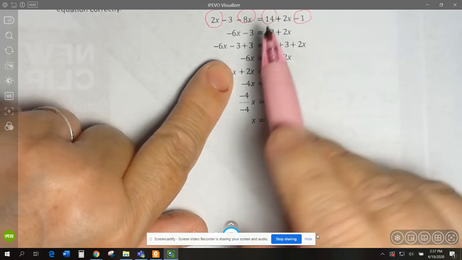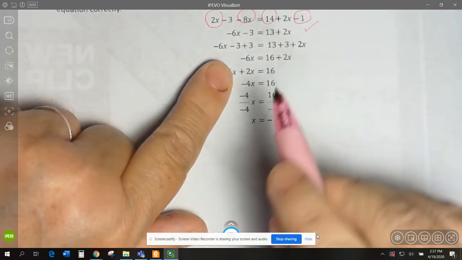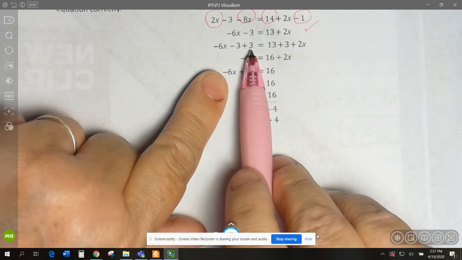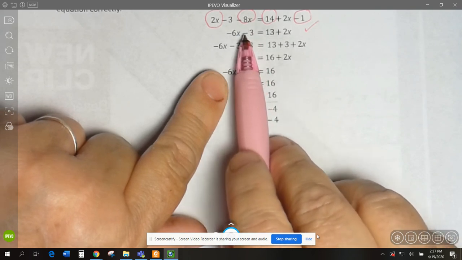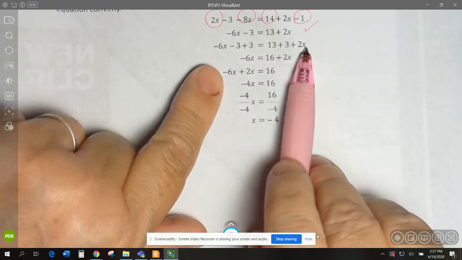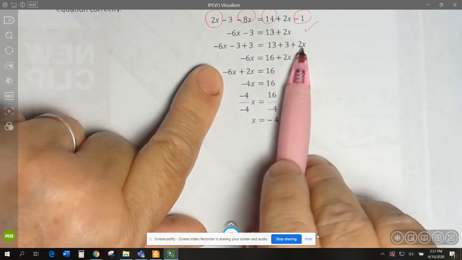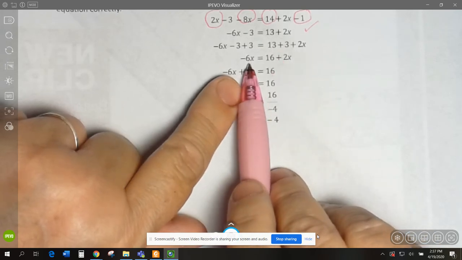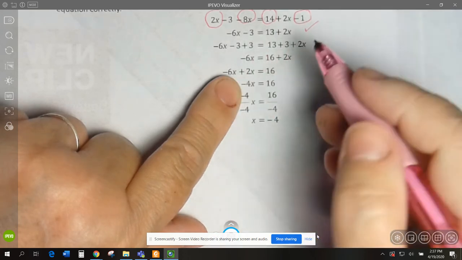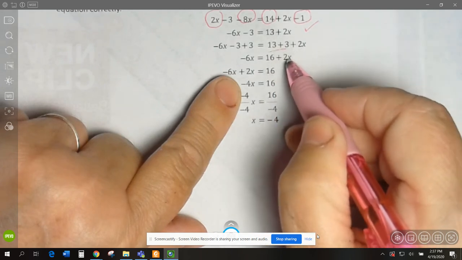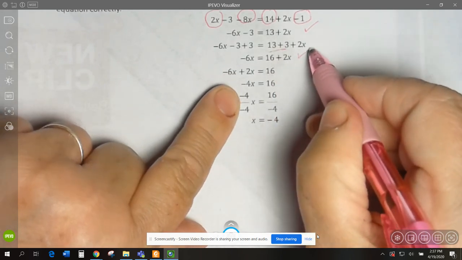So that looks like a good step. Next thing they did is it looks like they're getting rid of the negative 3 by adding 3 to both sides. So that would give you a negative 6x. And they give you the 16 plus 2x, so that looks good.